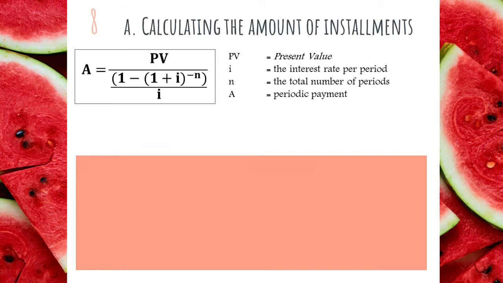The first point in present value is calculating the amount of installment. From the formula of PV, we get A is PV divided by (1 minus (1 plus i) to the power of minus n) divided by i.